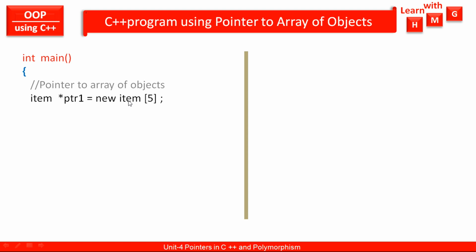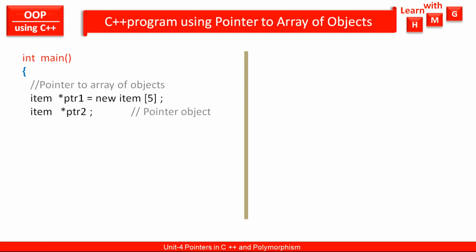So item of 5 indicates an array of 5 objects of type item. The new operator will allocate sufficient memory for this array of 5 objects, and the address will be assigned to ptr1. So ptr1 will point to the array of objects of the class item.